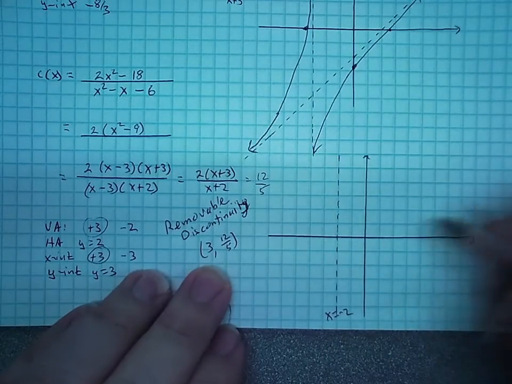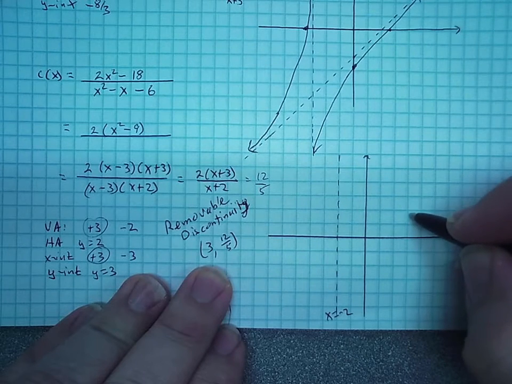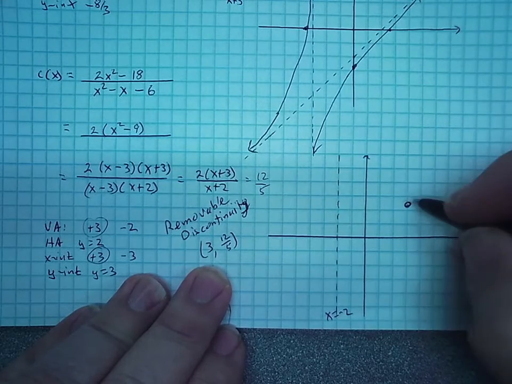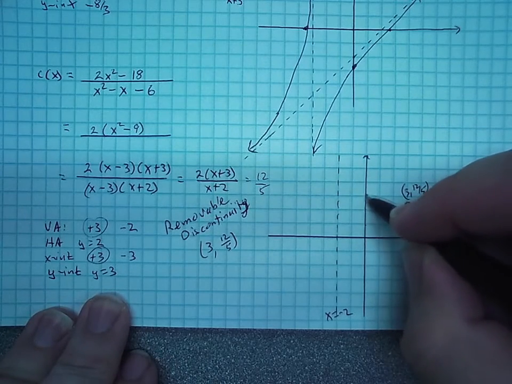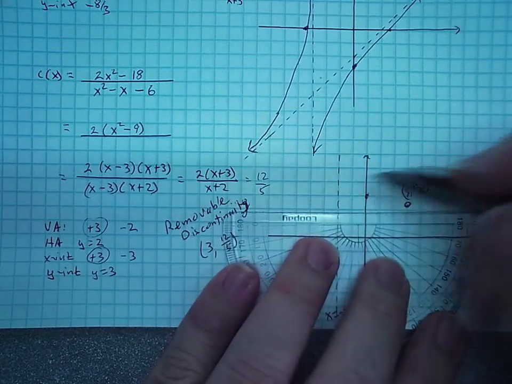I have a removable discontinuity at 3, 12 fifths, which is 2 and 2 fifths, open circle. That's my removable discontinuity. Y-intercept is 3. See how that's working. Horizontal asymptote at 2.